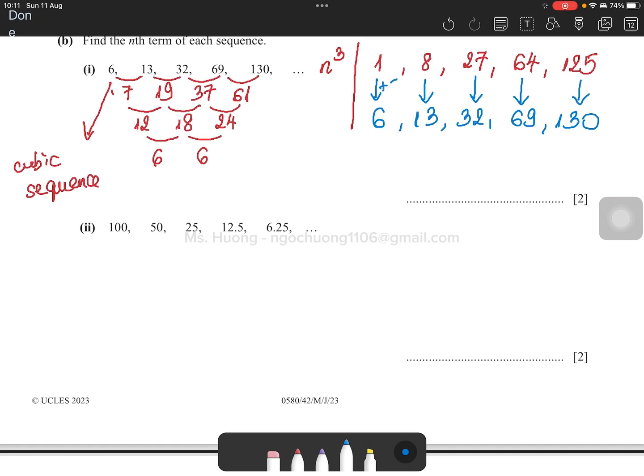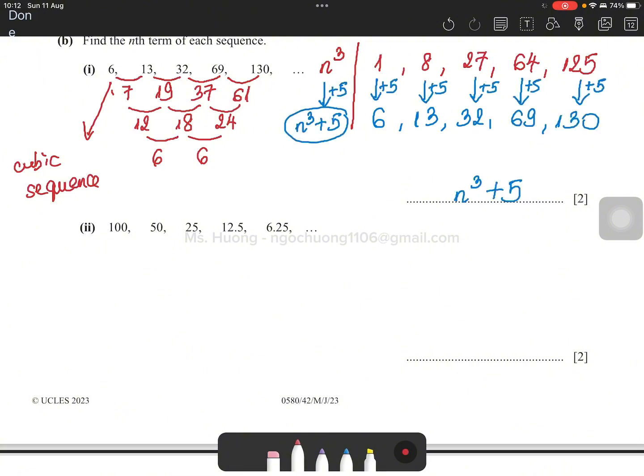We add 5 to them, right? 27 plus 5 is 32, 64 plus 5 is 69, 125 plus 5 is 130. So we do the same thing for this. We add 5 to n cubed, so the new sequence is n cubed plus 5. So this is the final answer, n cubed plus 5.